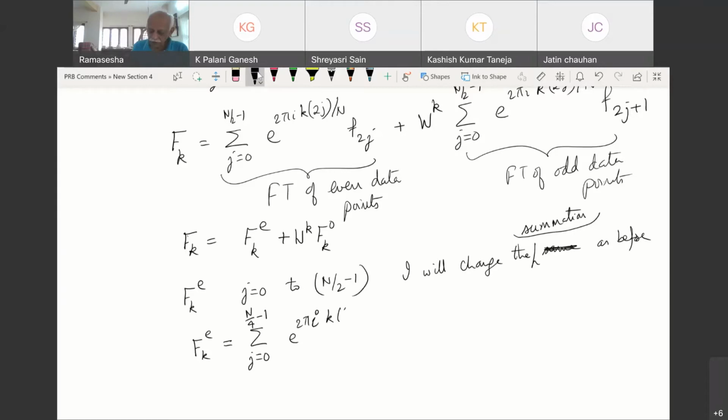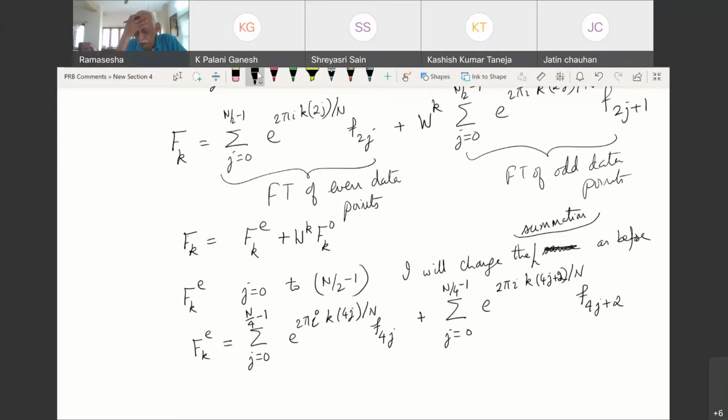plus sigma over j is equal to 0 to n by 4 minus 1 e to the power 2 pi I k times 4j plus 2 divided by n, because it's always having even ones. Okay, f of 4j plus 2. So it's as if you had 2j plus 1 into 2 and 2j into 2.